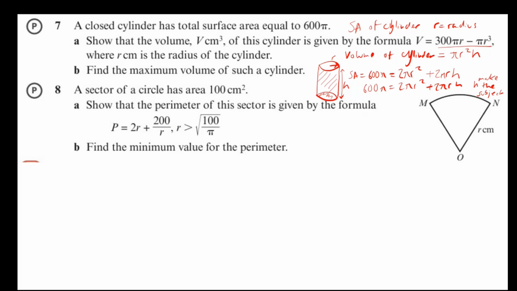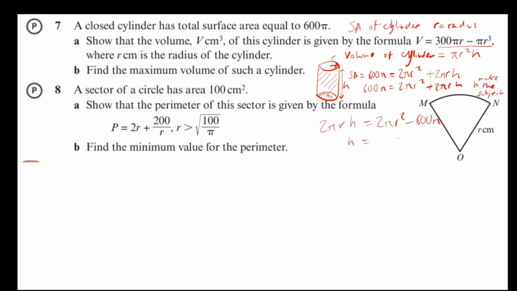Find the maximum volume by differentiating it and setting it to 0. So hopefully we've got there and could show that V equals that when you substitute and make H the subject. So on this, H is essentially going to be, let's skip a step. You can get 2 pi r H is going to equal 2 pi r squared minus 600 pi.